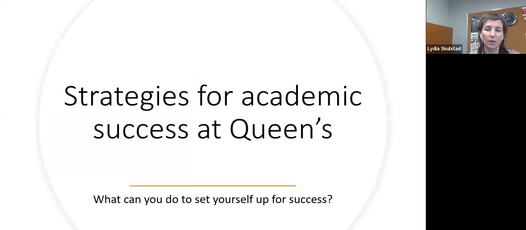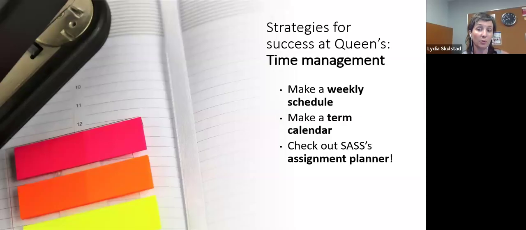All right, so let's take a look then. Let's talk about, so you heard some strategies for academic success at Queen's around the different academic expectations and assumptions you might experience. So what are some things you can do to set yourself up for success here at Queen's? One thing we talk a lot about at SAS is time management.